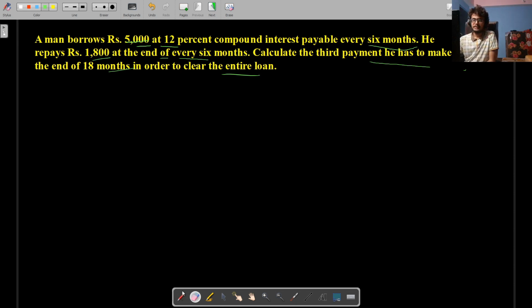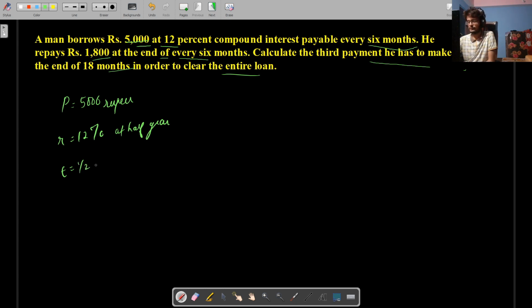Okay, so it is said that this guy borrowed rupees 5,000. So basically his principal is 5,000 rupees, right? And he borrowed at a rate of 12%, compounded half yearly. So basically your time will be 0.5.